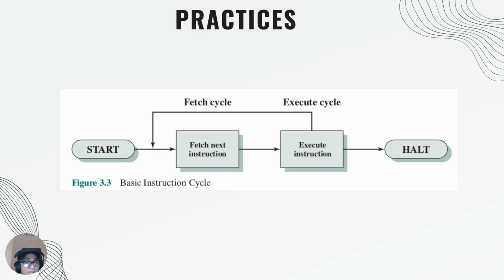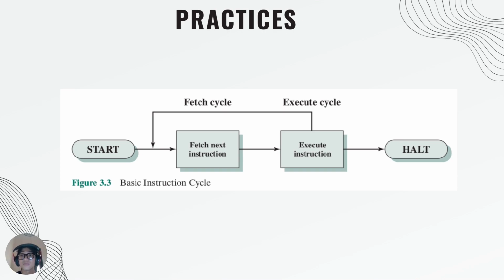The next one is the basic instruction cycle. Like I said before, when we run each instruction, it consists of a series of micro-instructions, and in one instruction there is the cycle of fetch cycle and execute cycle.